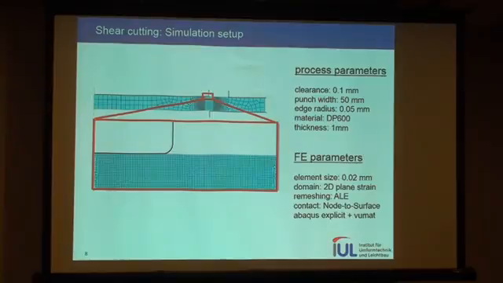The contact between punch and sheet was done by node-to-surface contact. Of course, we had to use frequent ALE, the arbitrary Lagrange-Euler approach. The element size here in the region of processing was set to 0.02 millimeters and held nearly constant during even ALE. Process parameters are shown above.